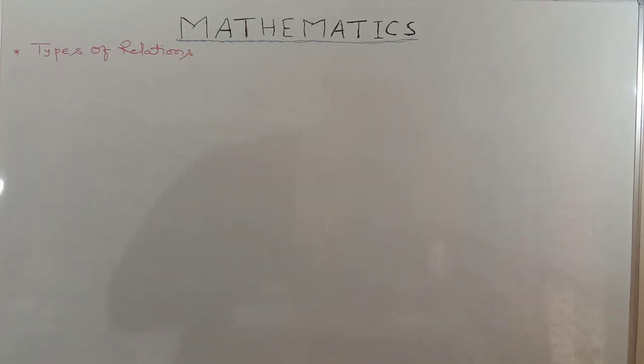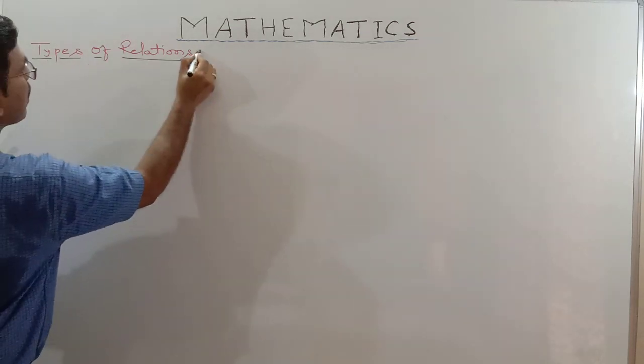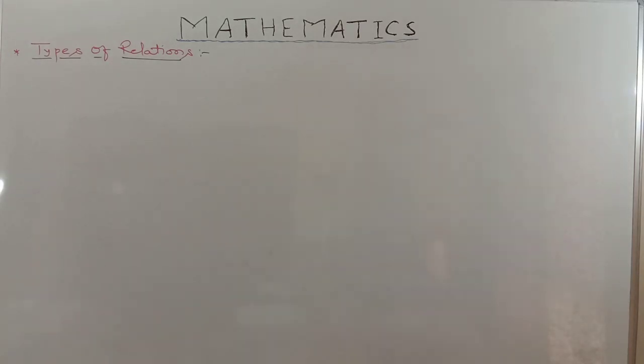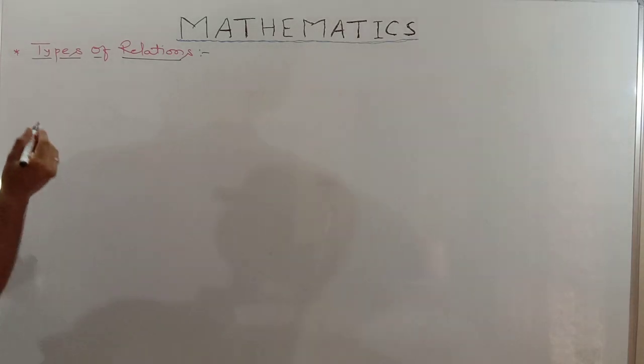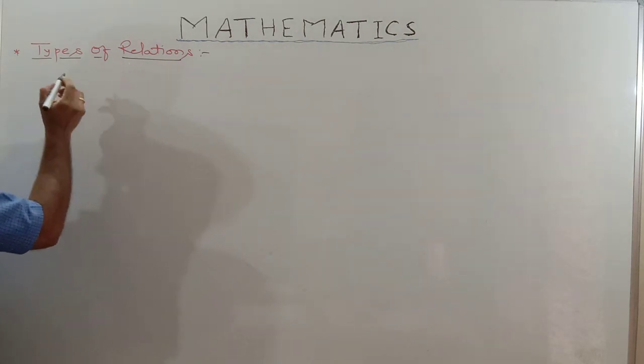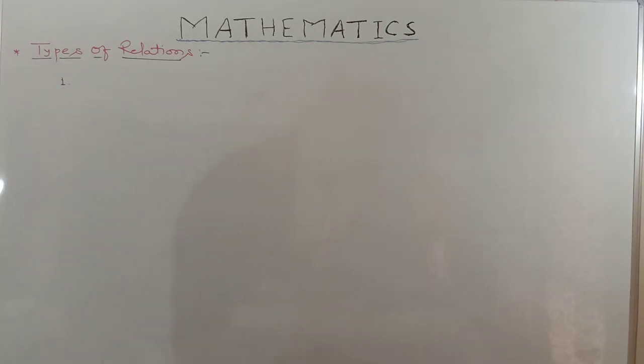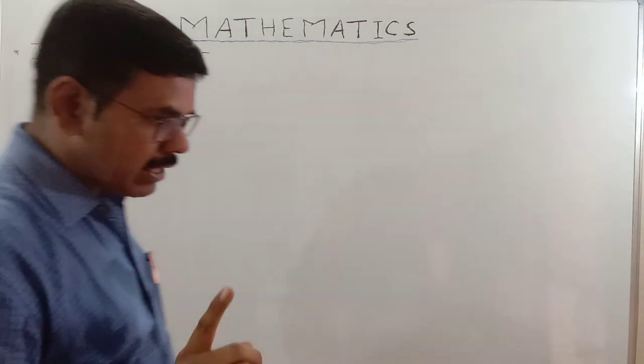Now, types of relations, the new heading we are putting here. How many types of relations are there? So the very first type I am writing, that you have studied in class 11th. Two types. One is universal.